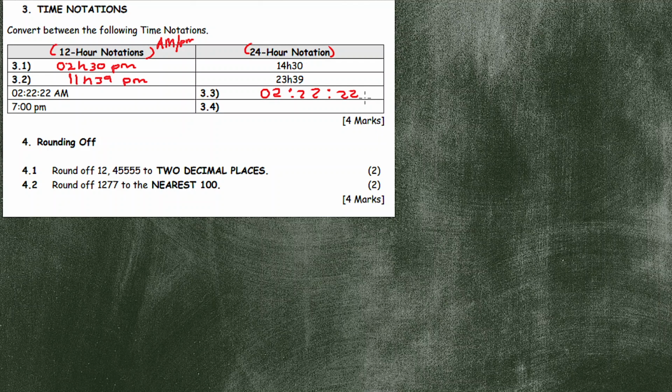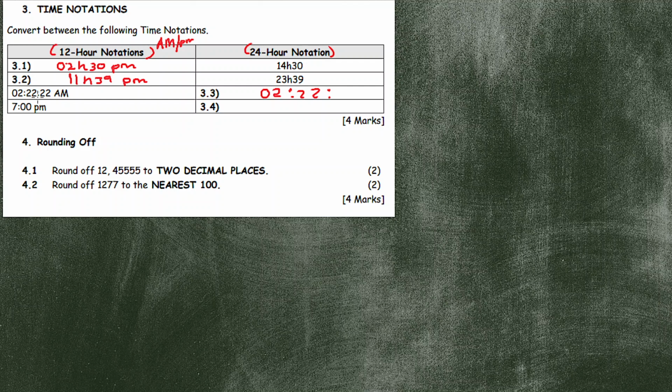But some of you, I saw that you wrote p.m., and some even a.m. Some even left out the seconds. If the 12-hour notation shows you hours, minutes, and seconds, when you convert, make sure you keep the same format.